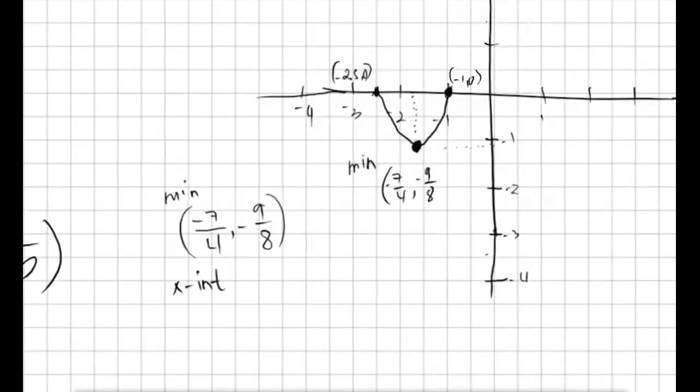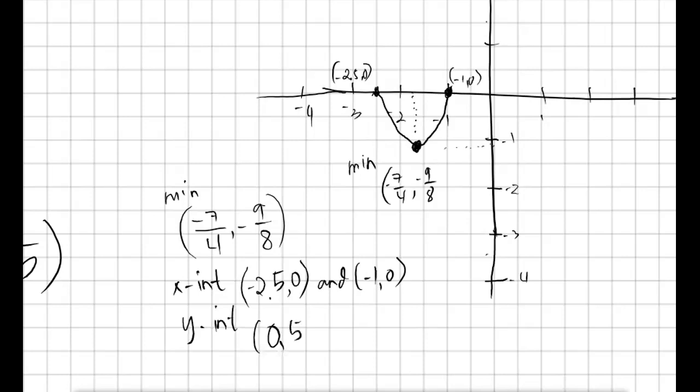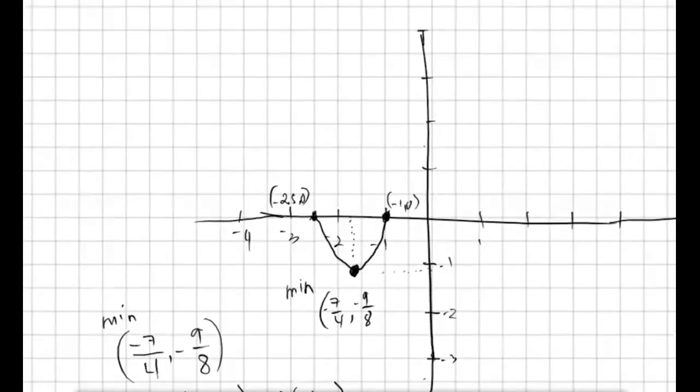And the last information we have, let me just write it here. Negative 2.5, 0 and negative 1, 0. The y-intercept. So the y-intercept is 0, 5, right? So that means 0, 5.